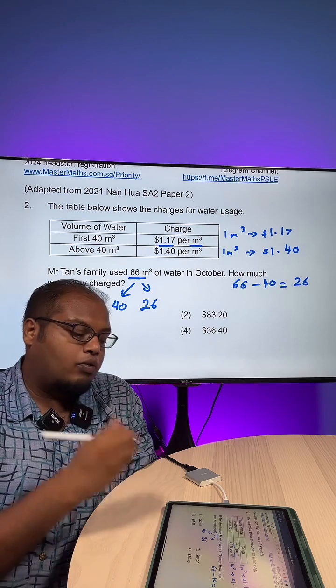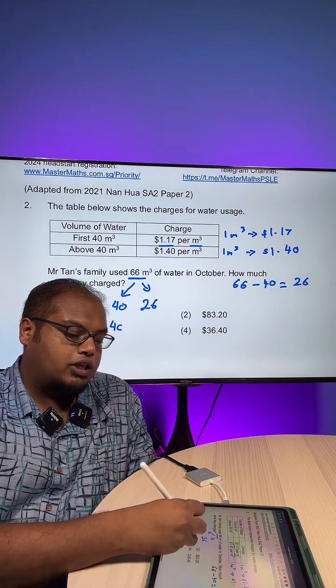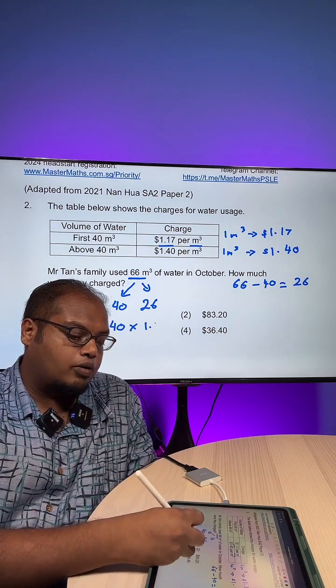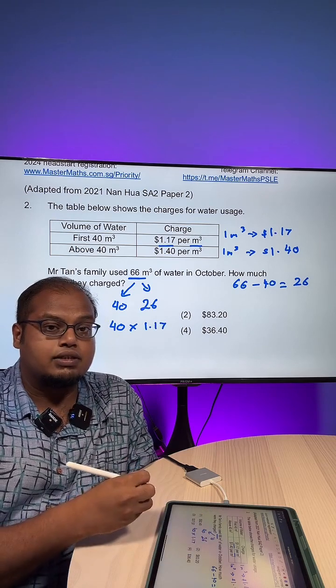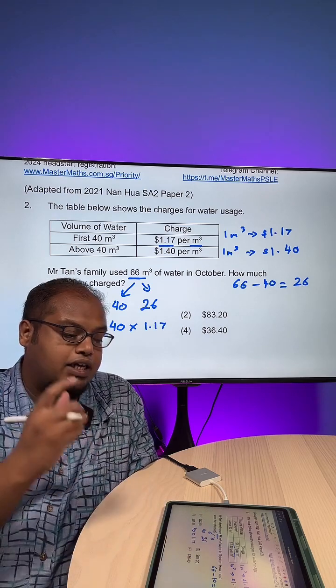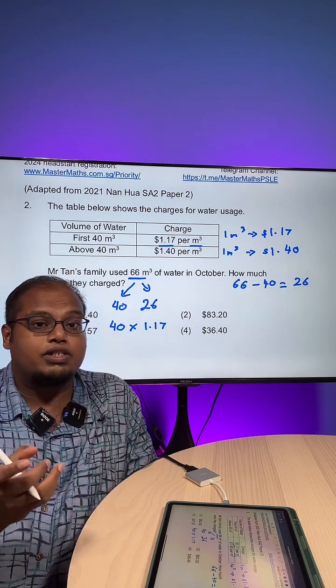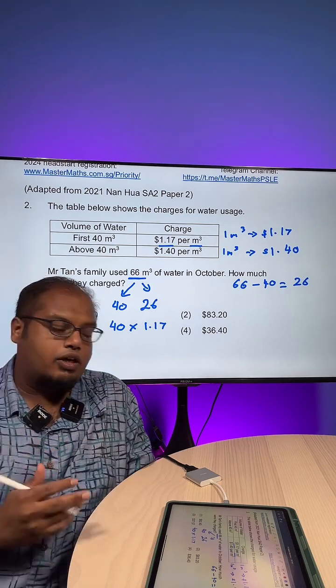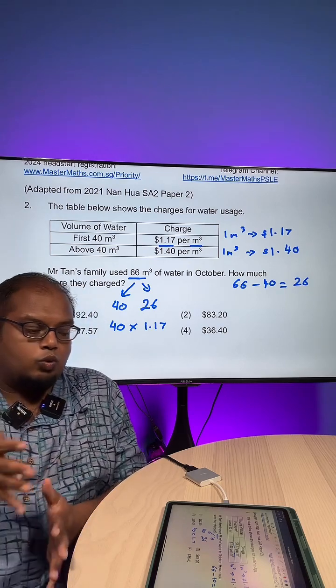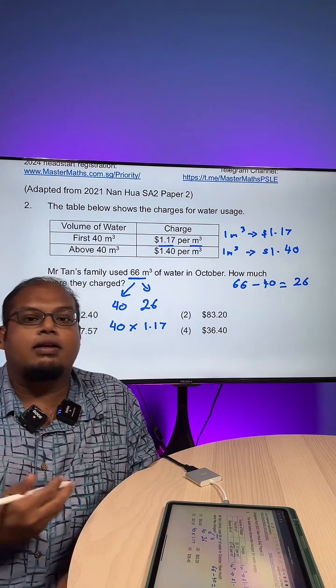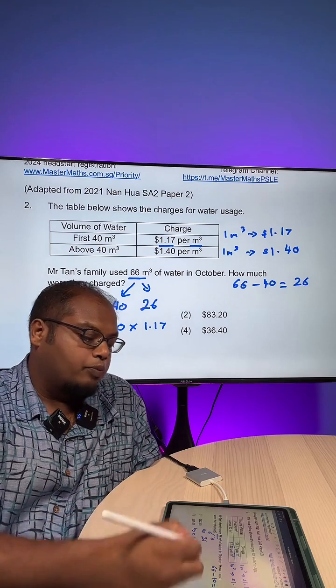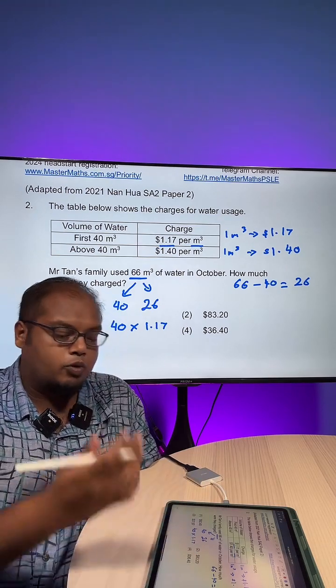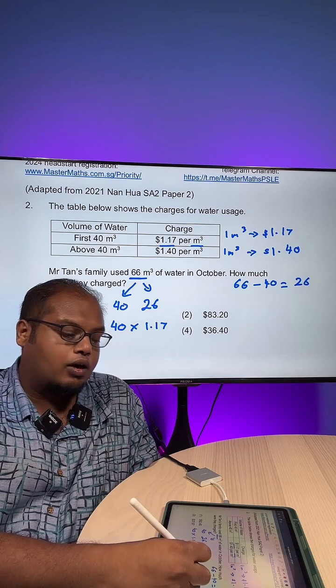Firstly, I do 40 times $1.17, because for every 1 meter cube is $1.17, and we have 40 meter cube. The first 40, you split up into 2 batches, like 2 buckets. Even though this is a paper 2 question, I'll just do working here.